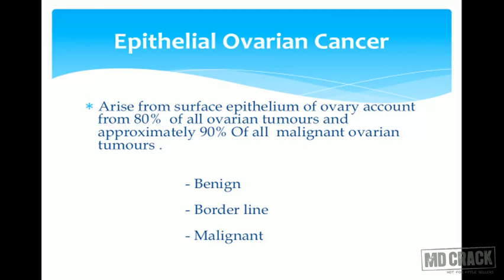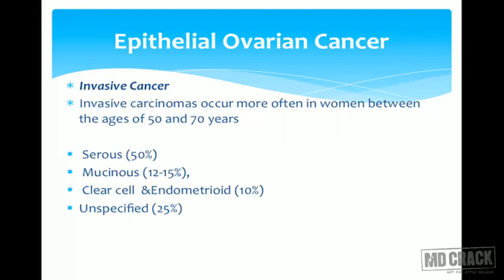Now we'll see epithelial ovarian cancer in detail. They arise from the surface epithelium of the ovary and account for almost 80 to 90% of all ovarian tumors. And of malignant ovarian tumors, epithelial forms almost 90%. So see how important they are. They are divided into three types, that is benign, borderline and malignant. The invasive cancer occurs most often in women between 50 to 70 years of age.